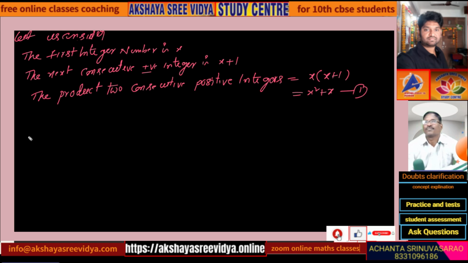Equation number 1. Given the product of two consecutive integers.